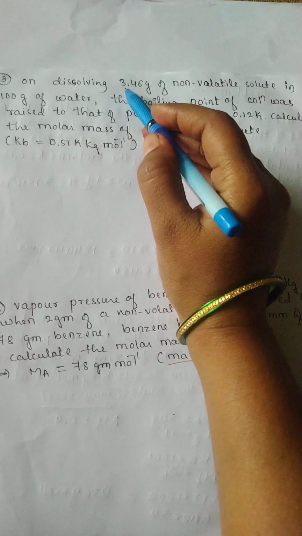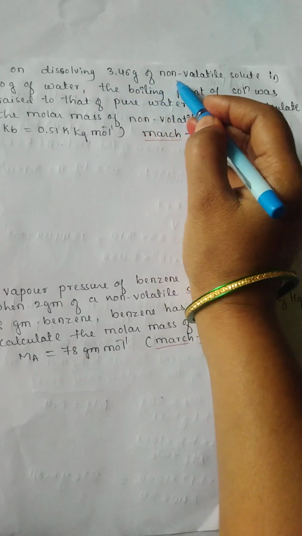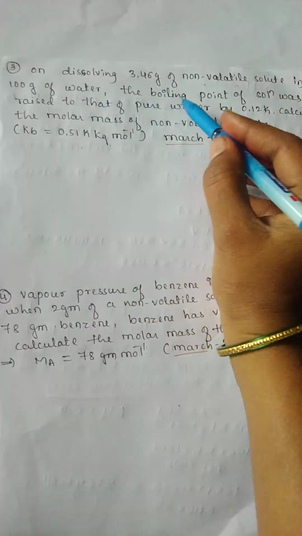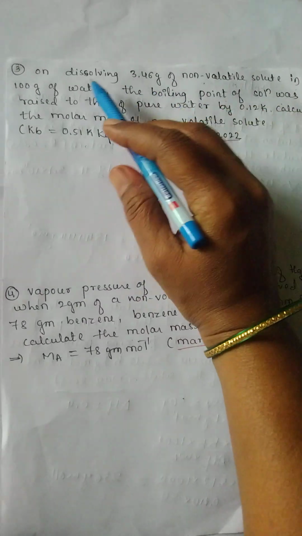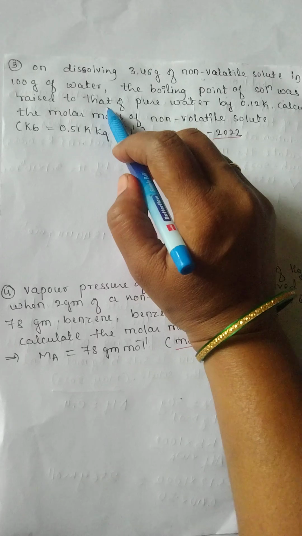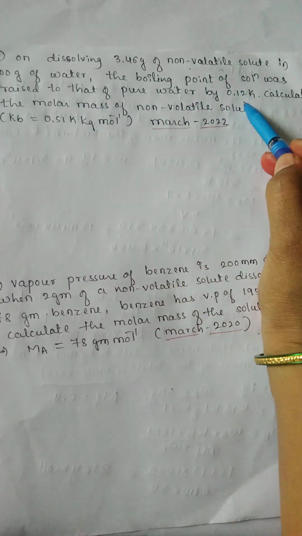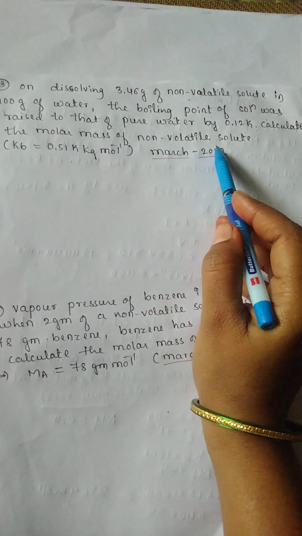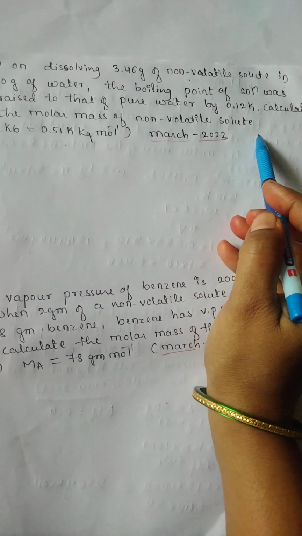Okay, now on dissolving 3.46 gram of a non-volatile solute in 100 gram of water, the boiling point of the solution was raised above that of pure water by 0.12 Kelvin. Calculate the molar mass of the non-volatile solute.